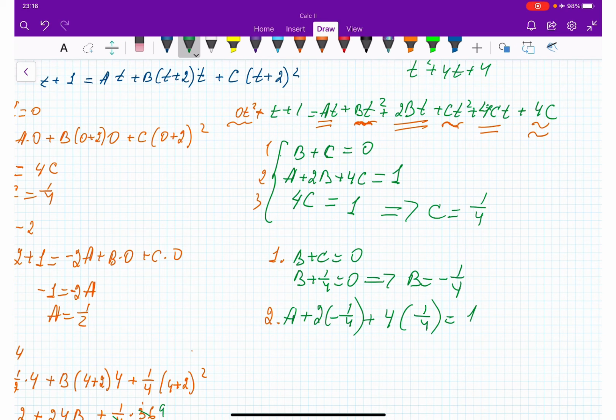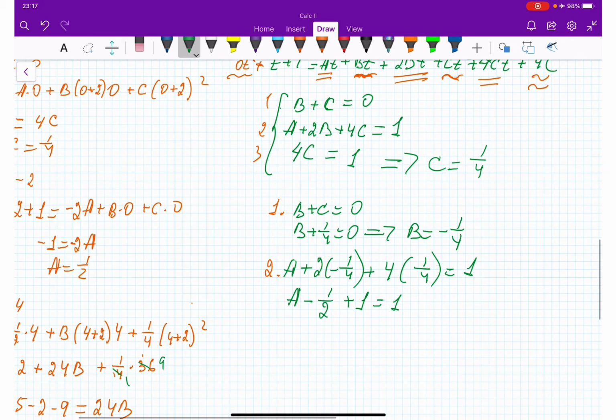And it's equal to 1. We are getting a plus 2 times negative 1/4, which is negative 1/2, plus 1 is equal to 1, right? This 1 and 1 we can cancel because they cancel each other. And I have a is equal to positive 1/2.